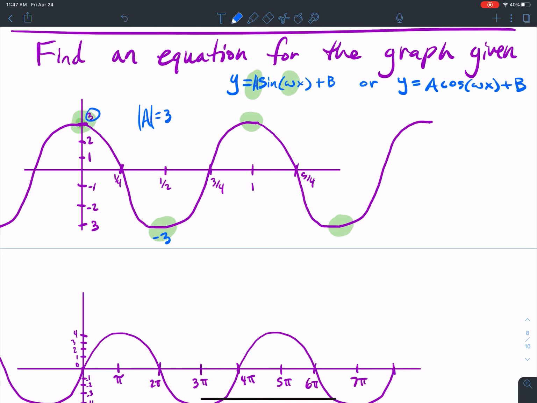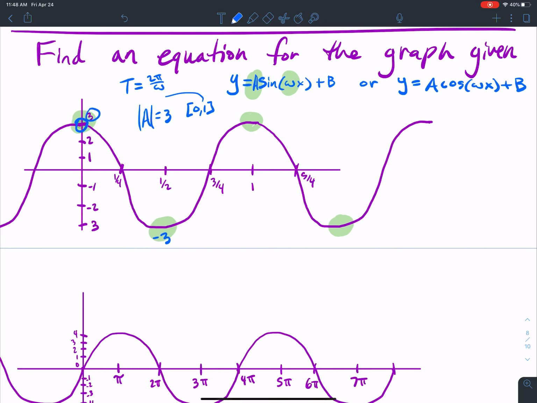Now, the period: how long does it take for us to go through a whole cycle? It looks like to get back to the same point, it's going to take us a unit of 1. So the period, from 0 to 1, the whole period T is equal to 2 pi over omega.